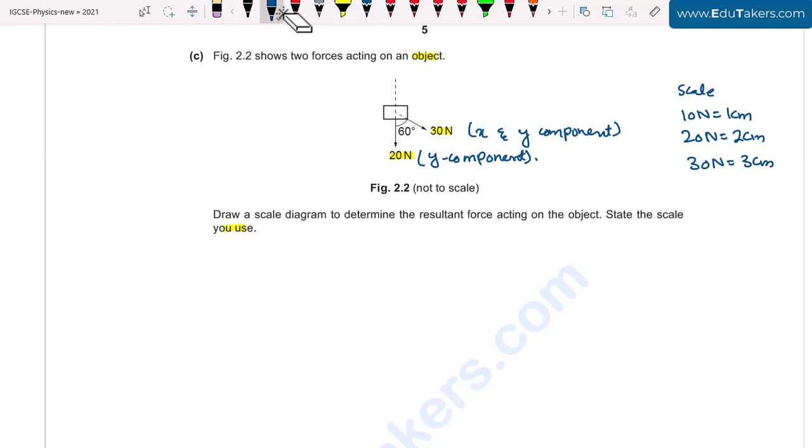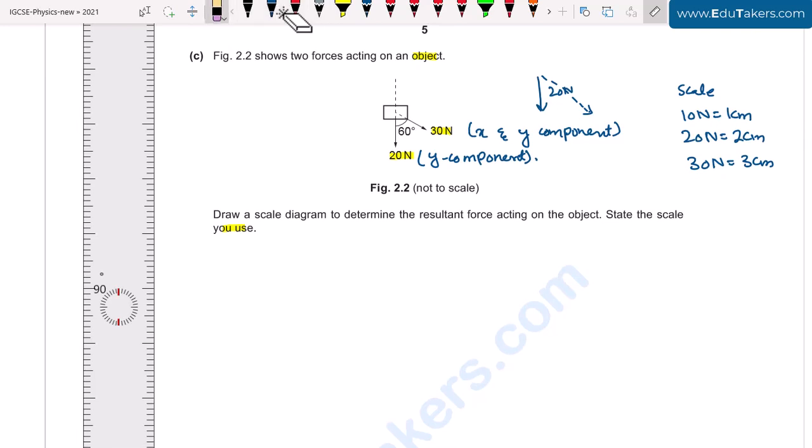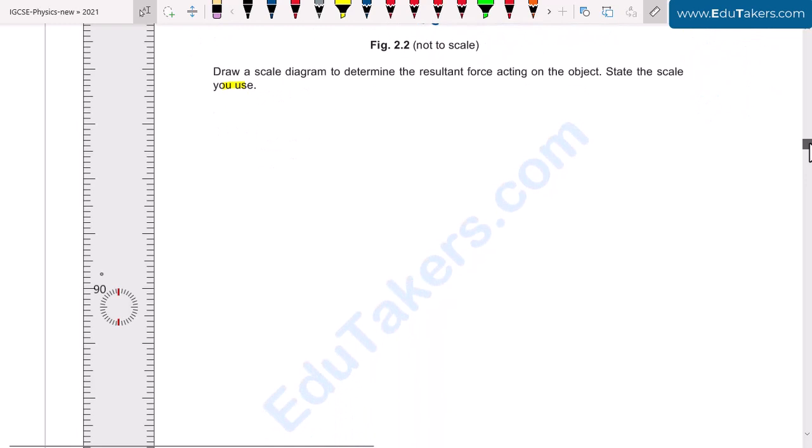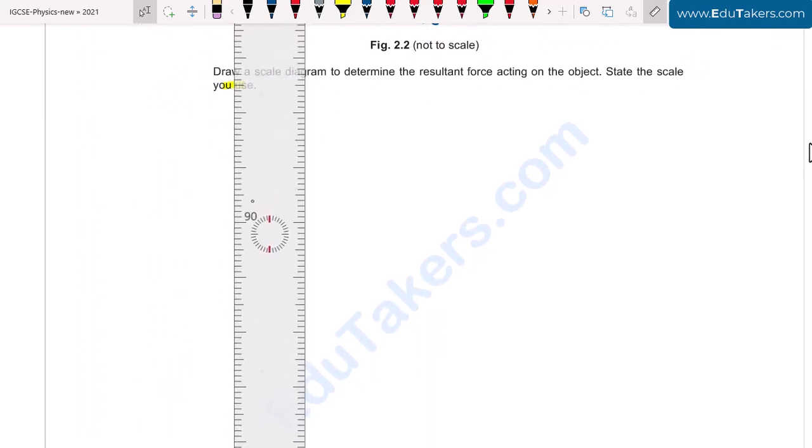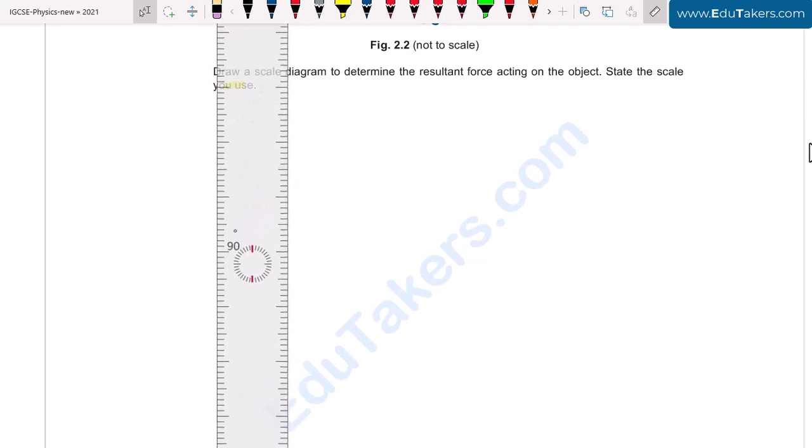First of all, here is a force F1, that is 20 Newton, acting in downward direction, while the second force is acting at an angle in this direction. So when I draw the resultant by proper scaling, it will be just like so. I have drawn a line of 2 centimeter.